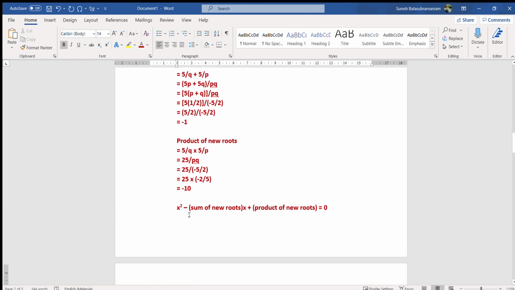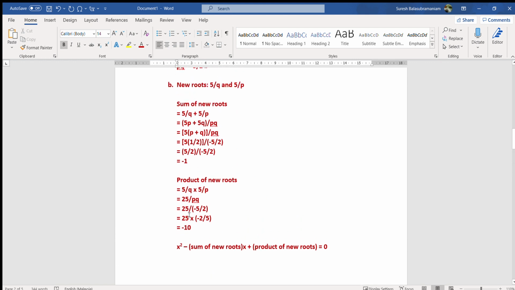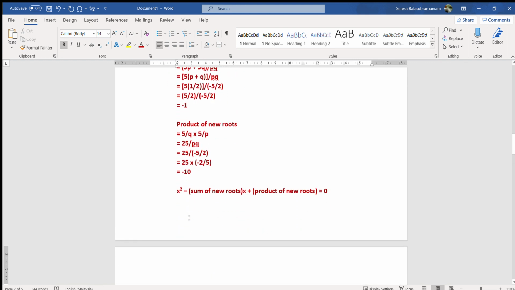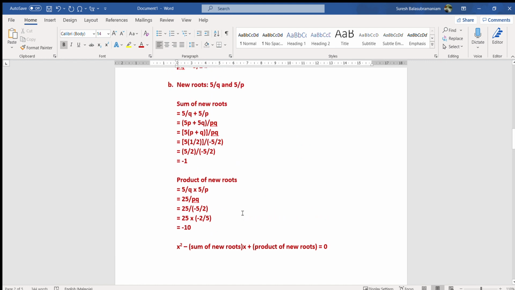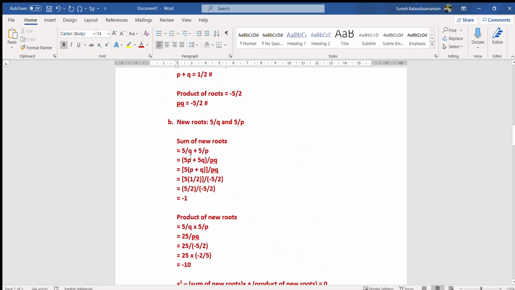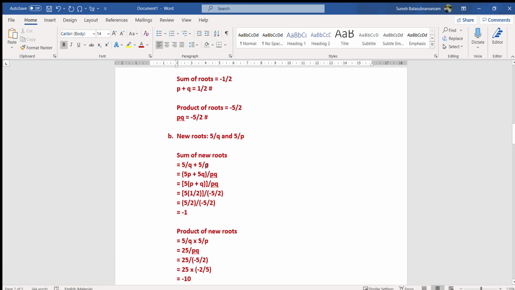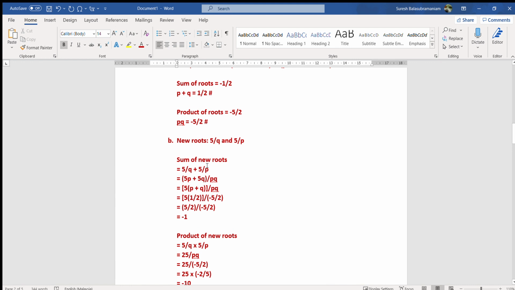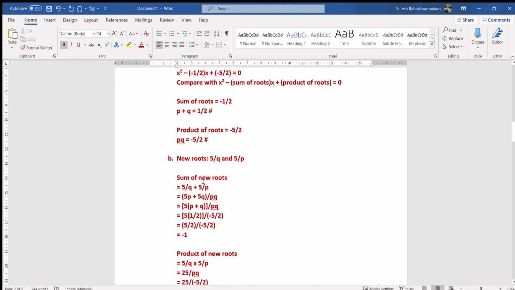Just hold on, let me see here. I think I missed something here. Just hold on. Sum of new roots is 5 over q. So 5 open bracket p plus q. Sorry, I missed the negative signs here.